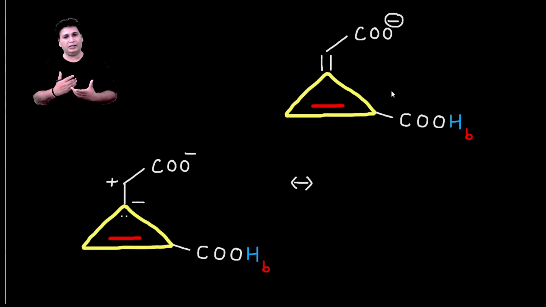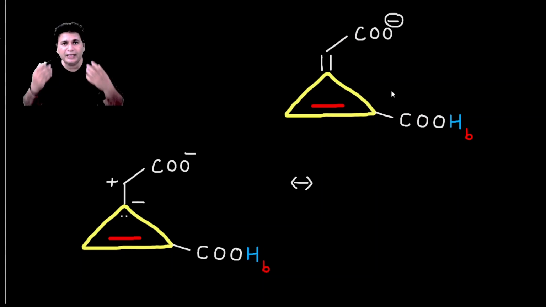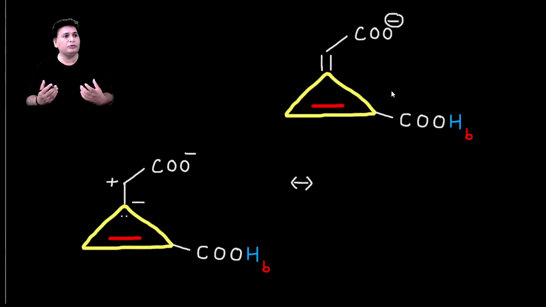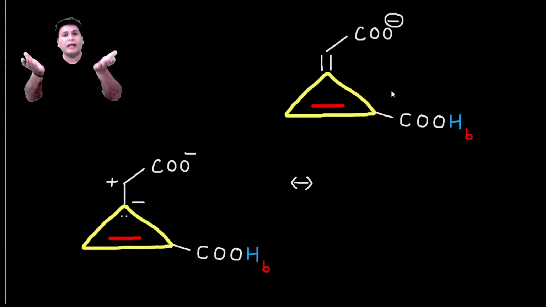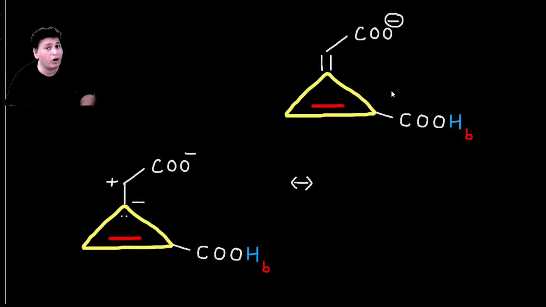Once I say you have to take care, you have to see the possibility of delocalization of this minus charge, so that this anion becomes stable and you can then comment on its acidity.